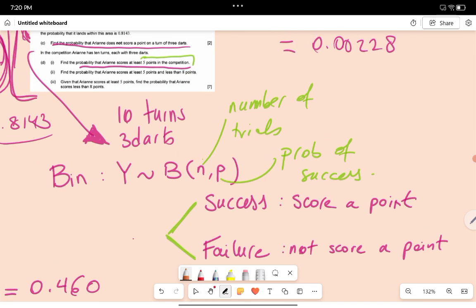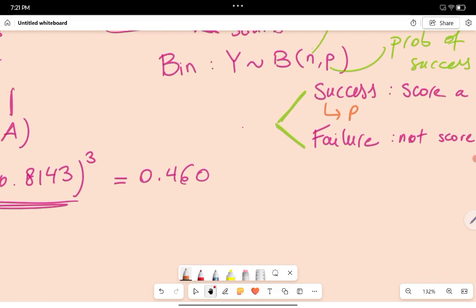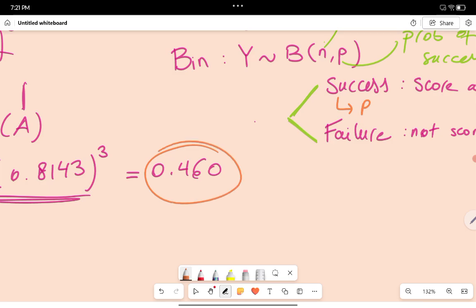What is the probability of success? What is the probability to score a point? Have we done that before? Let me see. Yes, we did, because just before, find the probability that Ariane does not score a point. So we calculated not scoring a point, which was this. So scoring a point is the opposite of this, right?